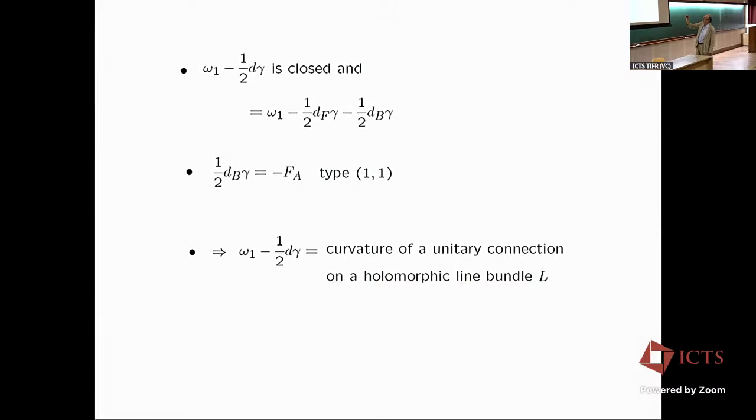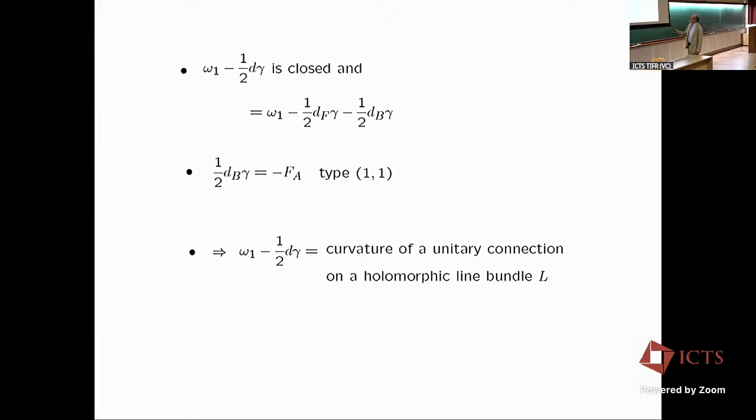What we've seen is that omega 1 minus a half d_F gamma is of type 1,1 in this complex structure. Also, for the half d_B gamma, the curvature F_A was of type 1,1 on the base, and now we're pulling it back to the total space. So this is a 1,1 form.